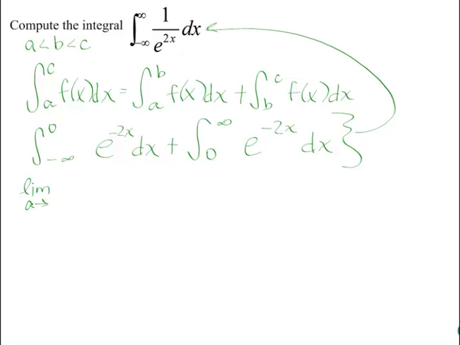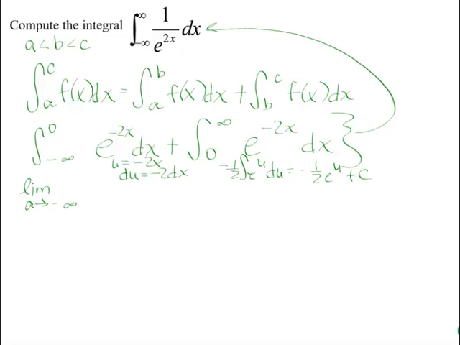So I'm going to bring limit notation here, and I think I'll go directly to my antiderivative function. You can see that this is a u substitution. So this is negative 1/2 the integral of e to the u du, which is negative 1/2 e to the u plus c.